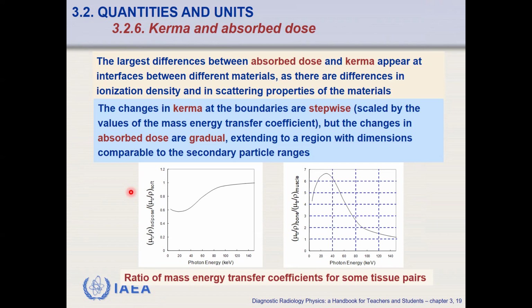At this interface, the energy deposition pattern can change. This change in kerma at the interface is due to the difference in mass energy transfer coefficients between the two materials.